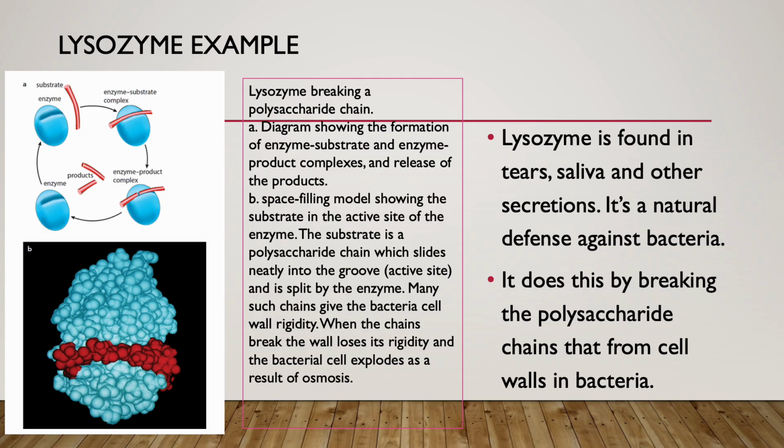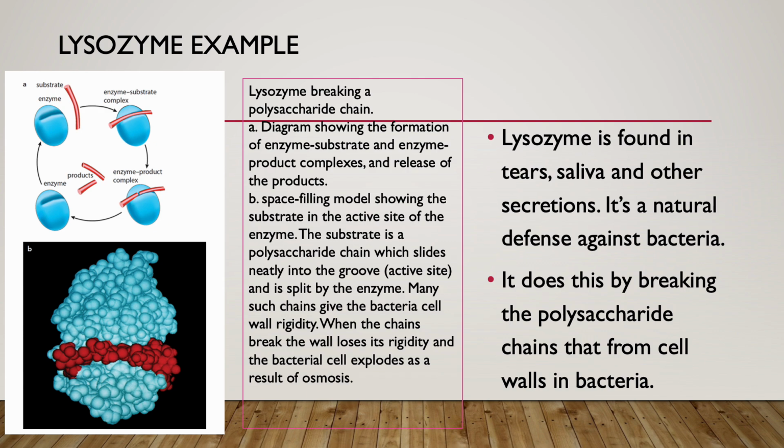In this first diagram, part A, the diagram is showing the formation of enzyme substrate and enzyme product complexes and the release of the products. Part B is showing the globular protein, the space-filling model showing the substrate and the active site of the enzyme.